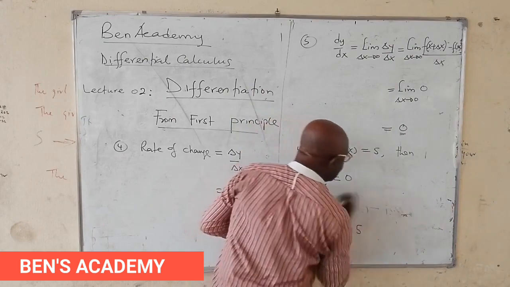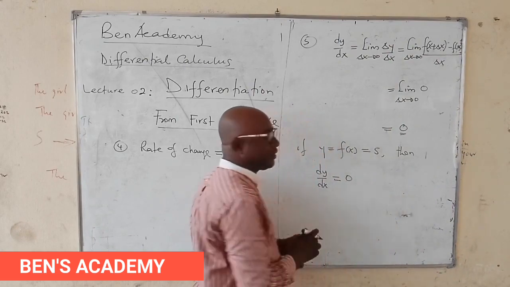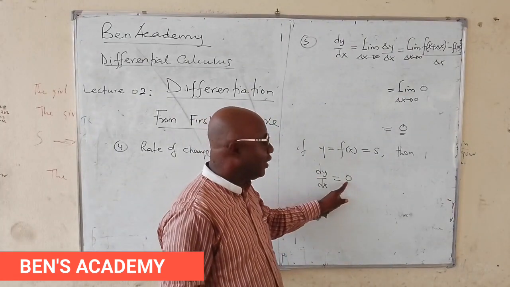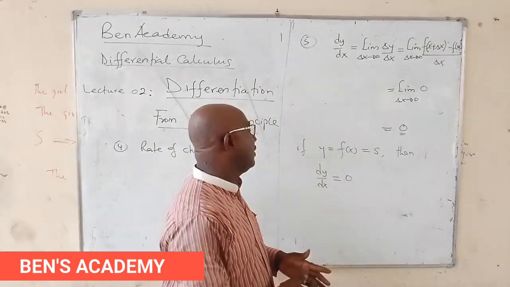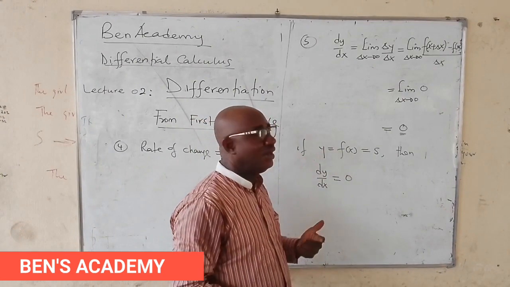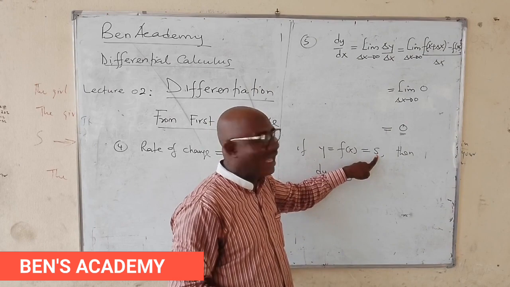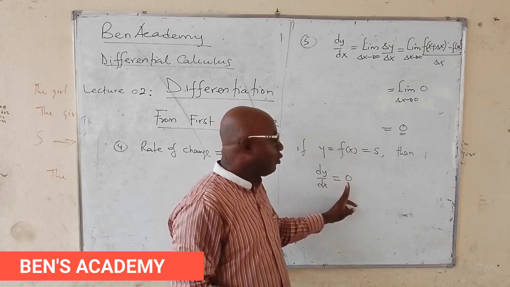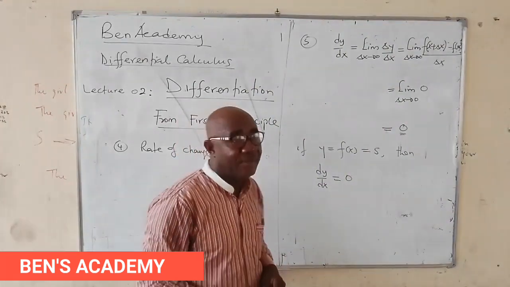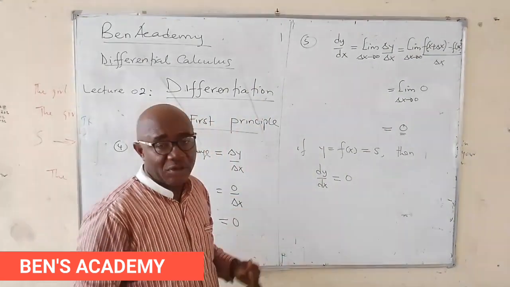So we are trying to establish one fact, that whenever you differentiate a constant, the answer will be equal to 0. So the instantaneous rate of a function, if the function is a constant at any point in time, will be equal to 0. And that ends the solution to the first problem.